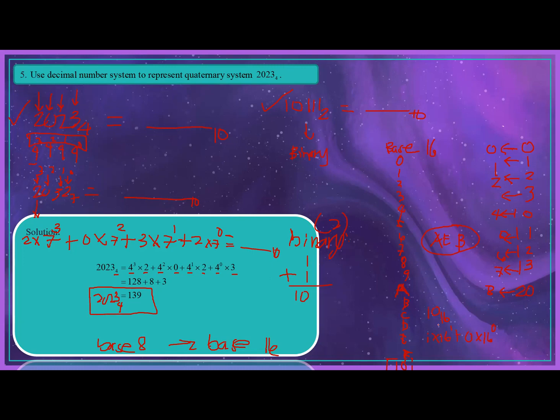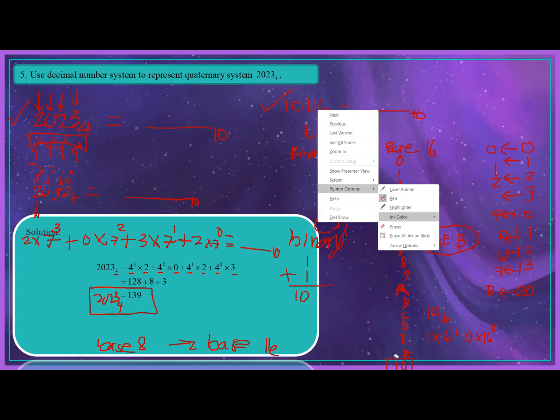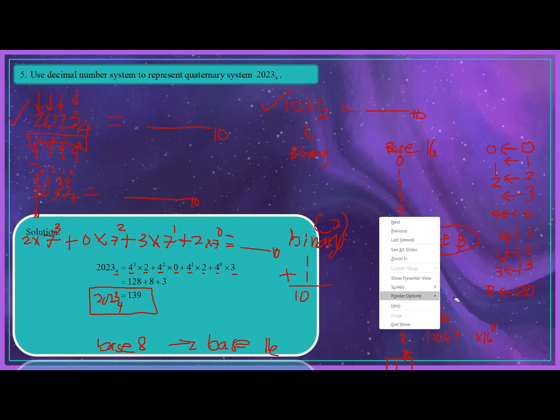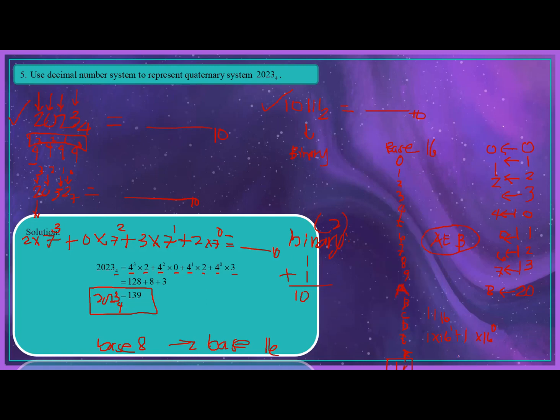No, you start at 11, sorry. This is the 11. So equivalent, this is 17. Yes, F would be the last. So F would be your number 15. This is your 15.